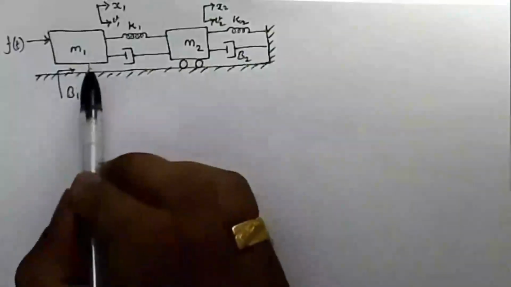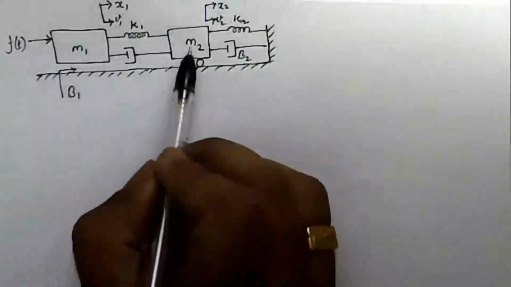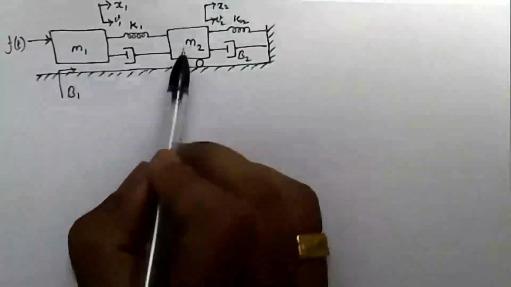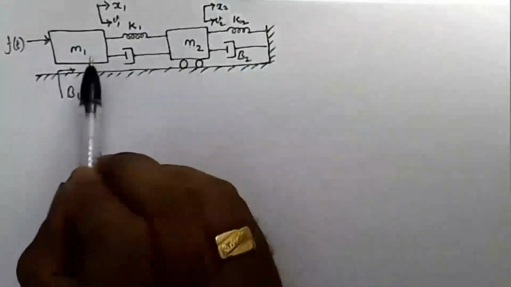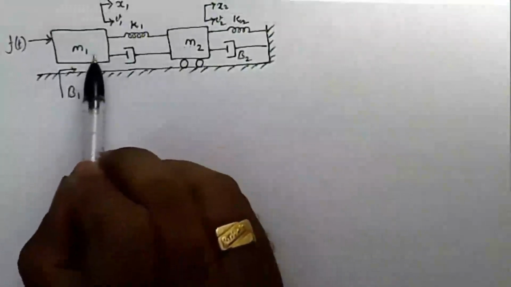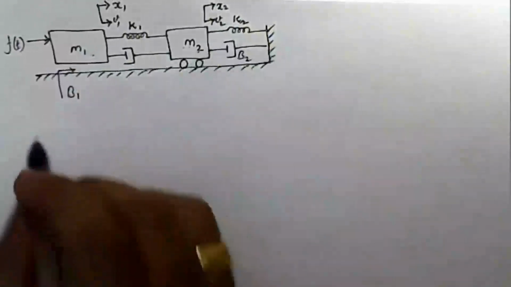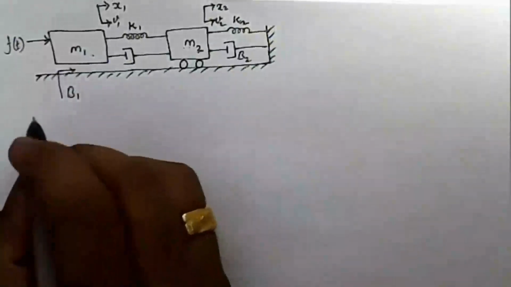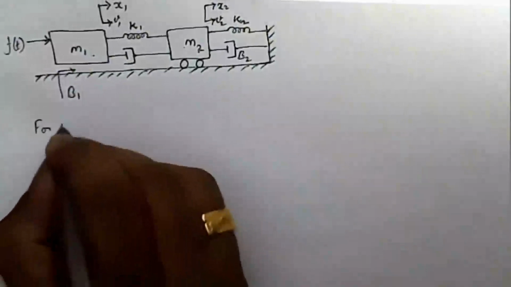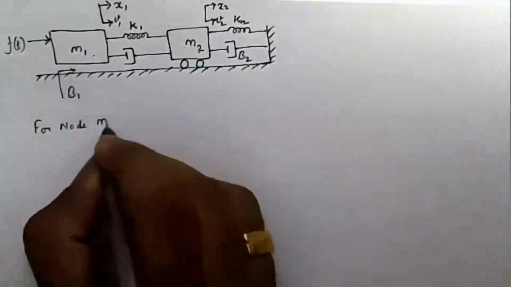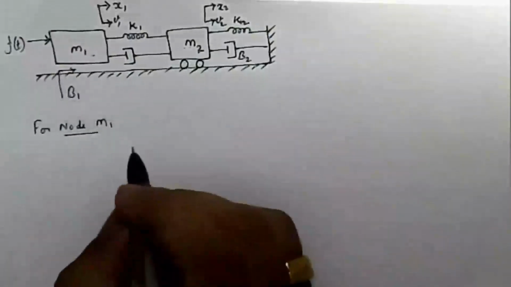This mechanical system consists of two mass elements, so it has two nodes. First of all, write the differential equation for node M1 and node M2. For node M1, write the differential equation.